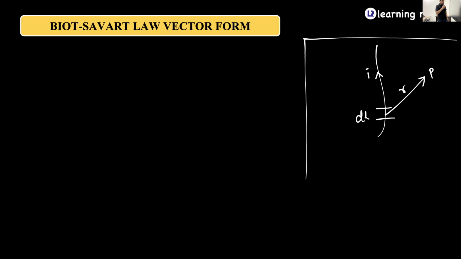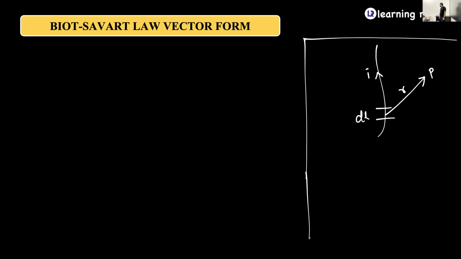Second, if you observe, current has magnitude and direction, but it is not a vector. dl has magnitude but no direction. So there is a tricky problem here. How to solve this is by considering I and dl together.